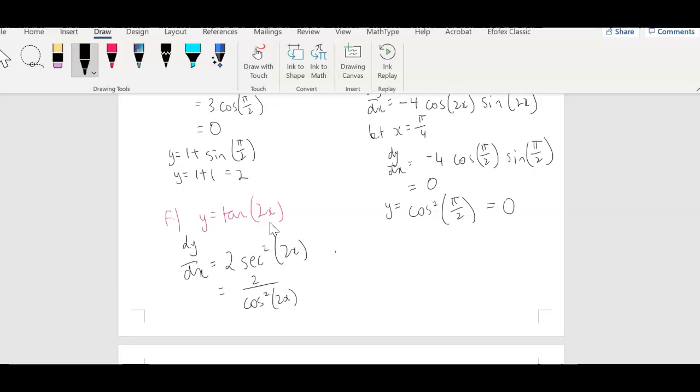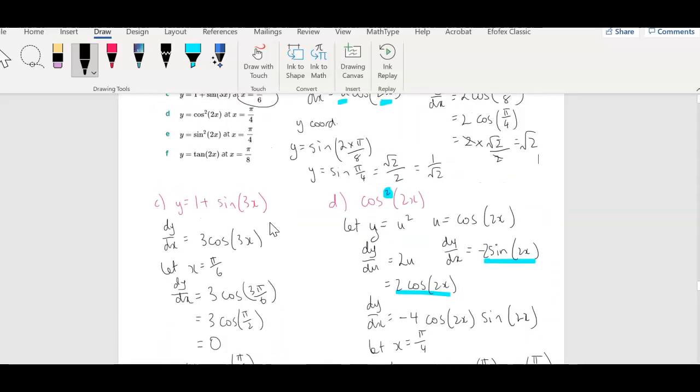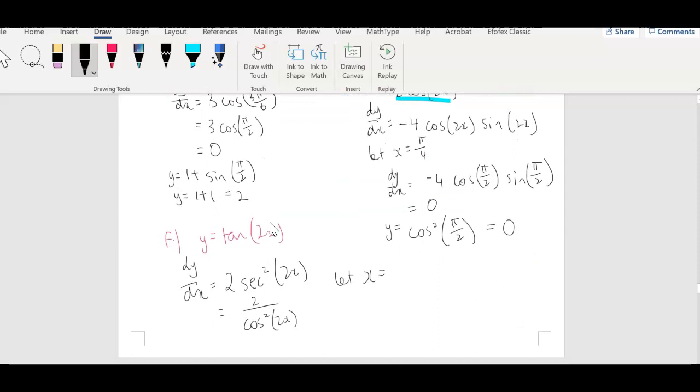Okay, all right, let x equal, what was it? Pi on 8. So when x equals pi on 8, we get dy dx is equal to 2 cos squared 2 pi on 8, so pi on 4.